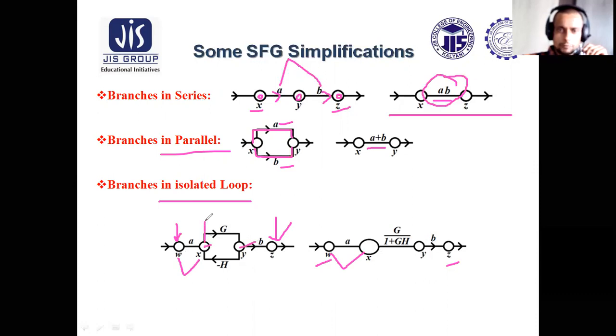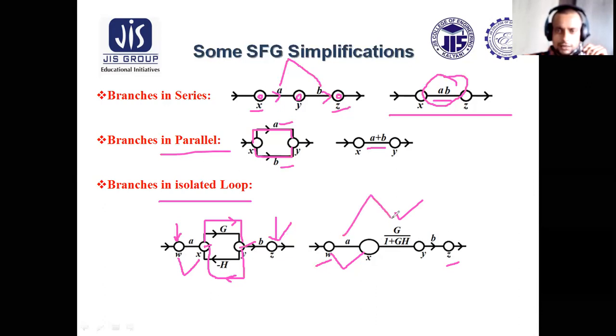One is a forward path from input to output, another is a feedback path from output to input. So like the block diagram feedback rule, between X and Y there will be G by 1 plus GH. And between Y and Z, there is B.